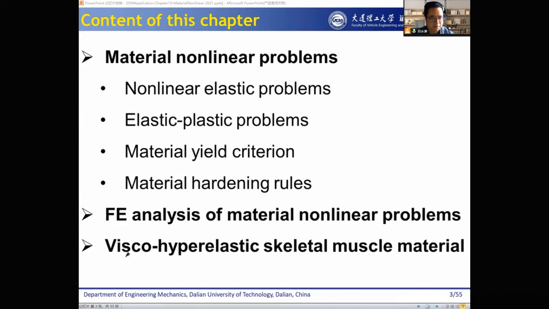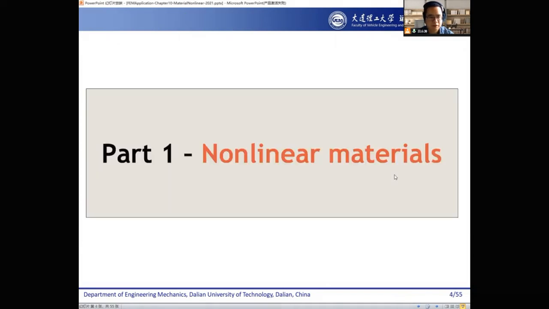And third, we will use a typical example, the visco hyperelastic skeletal muscle material, to demonstrate the material nonlinear analysis in ANSYS.